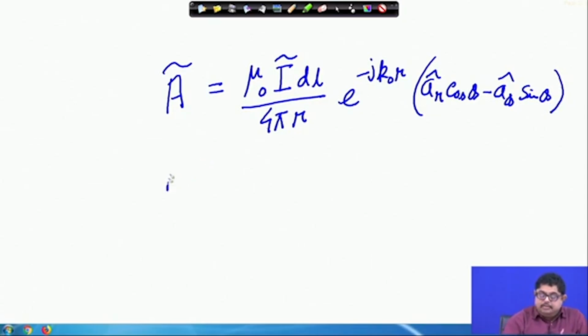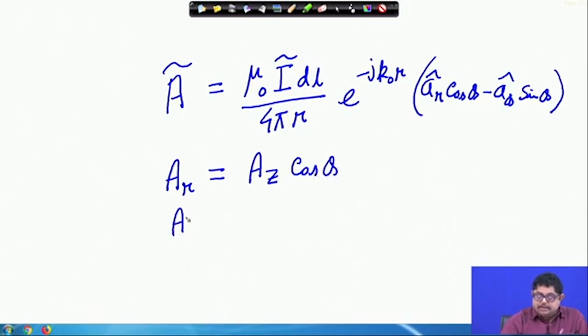From here we can say that our radial component of the vector potential, A r, is nothing but Az cos theta, and A theta is minus Az sin theta.